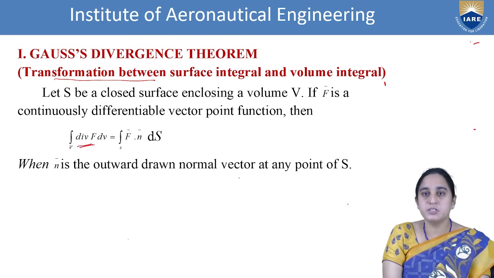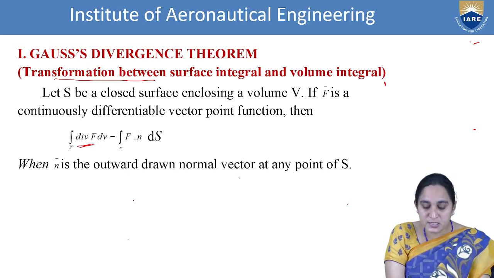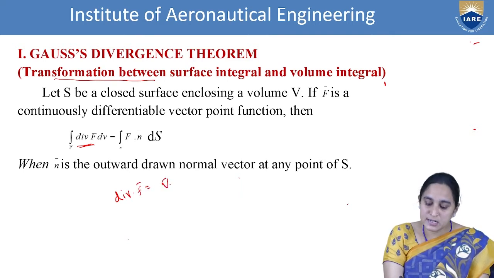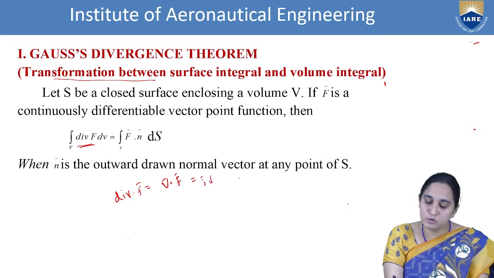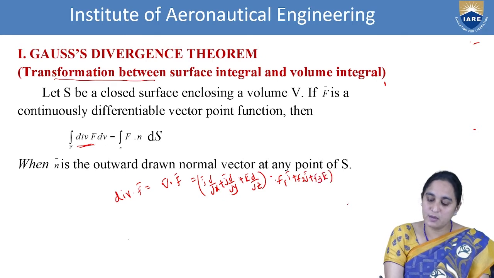But what is divergence of F bar? Already we discussed in the previous classes. Divergence of F bar is equal to the del symbol with dot product with the vector point function F bar. Del is i bar into dou by dou x plus j bar into dou by dou y plus k bar into dou by dou z, and F is F1 i bar plus F2 j bar plus F3 k bar.